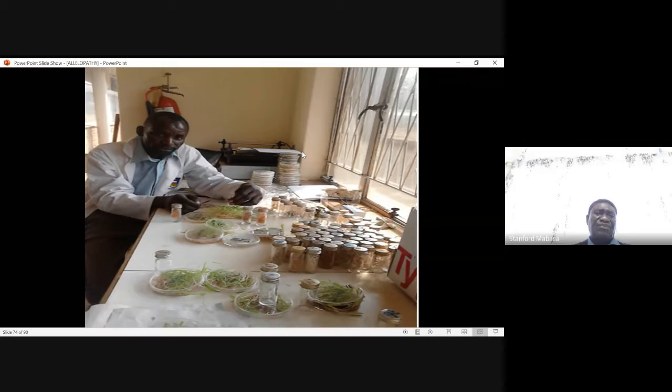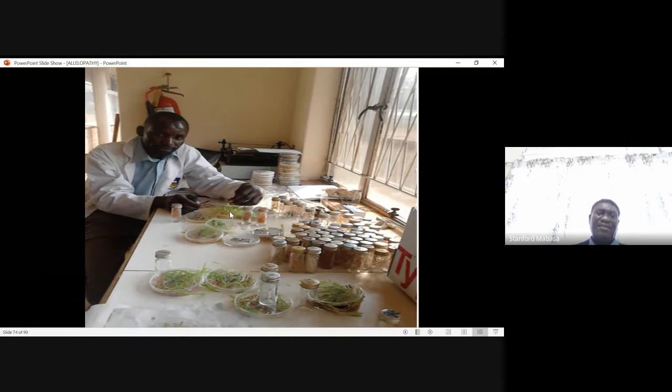So we have somebody who is now working on the allelochemicals. In fact, there were a number of sorghum plants, and what he is simply doing is extracting the allelochemicals from young seedlings of sorghum plants.